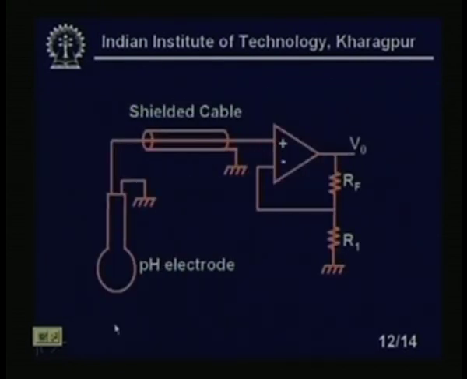The shielded cable looks like this, and the pH electrode looks like this. You see, this is a buffer amplifier we have used, which is supposed to have very high input impedance, so we have used shielded cable. With this I come to the end of lesson 21, where we have solved all the problems.